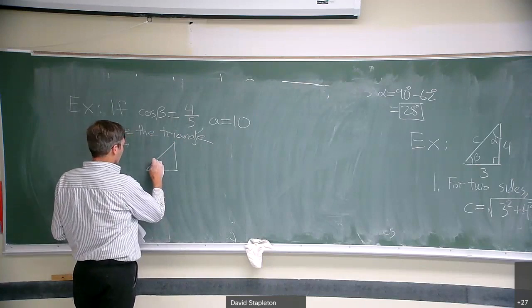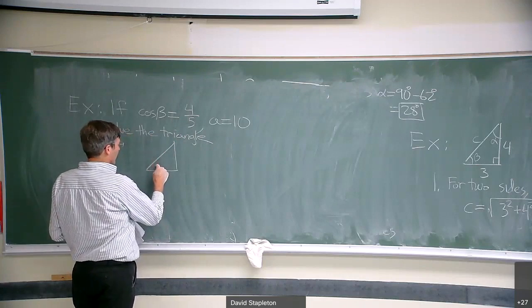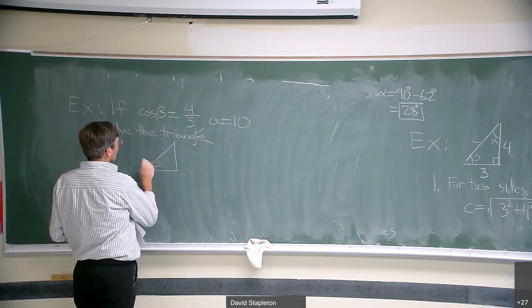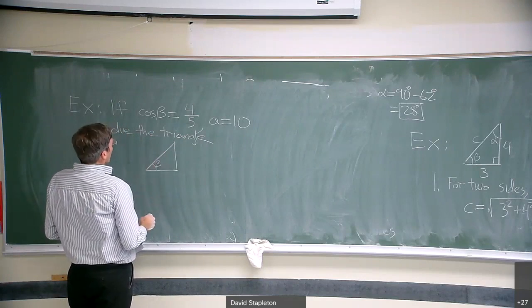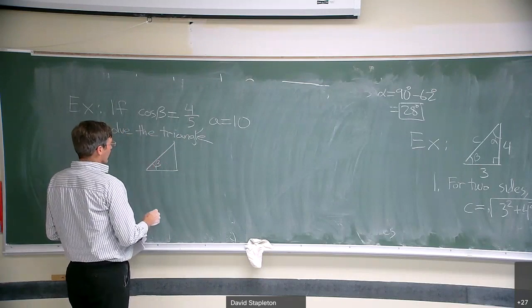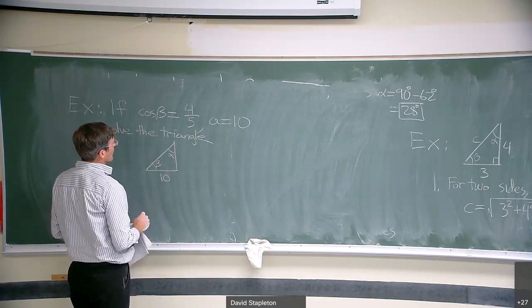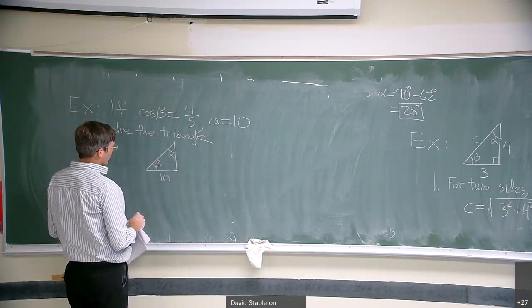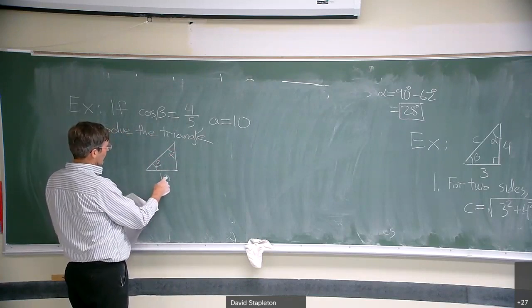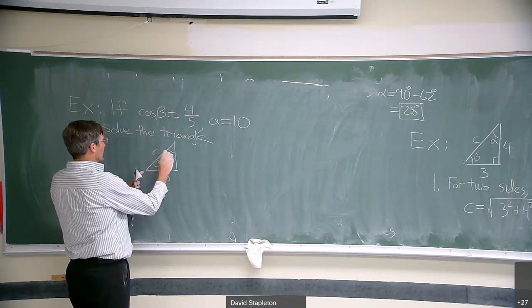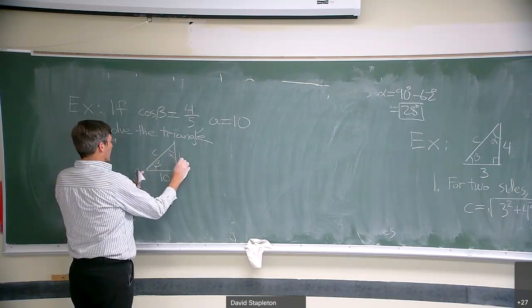So if this is beta here, let's say, then this would be alpha, and this would be A equals 10, so I could draw it like that. Then I'll say, I know this side, and I know the cosine of beta, which relates this side to this one, C, and here's B.